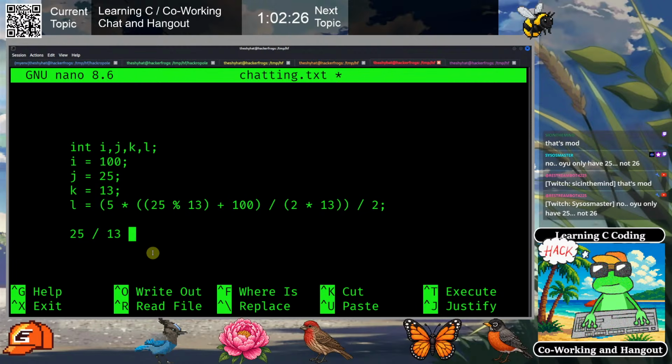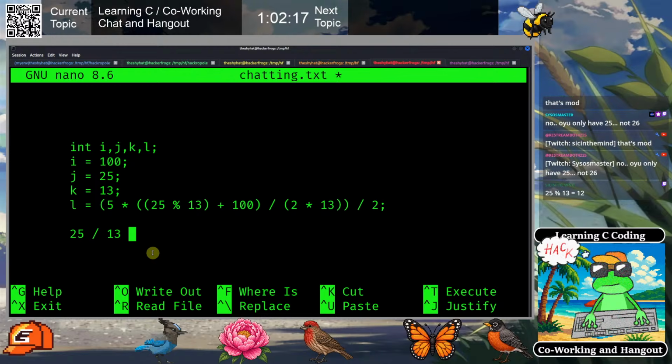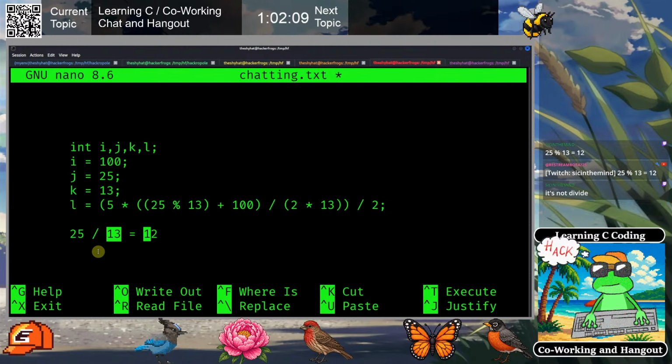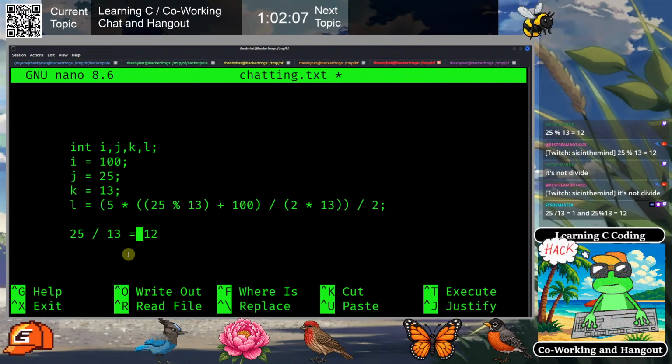Okay, so subtract once, and it becomes 12. So this is 12 because it can no longer evenly fit, right? It's not divide, it's modulo.